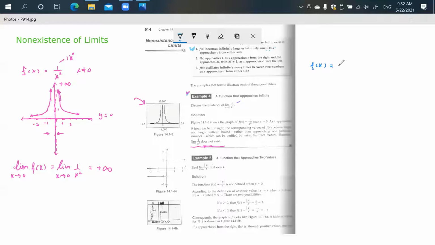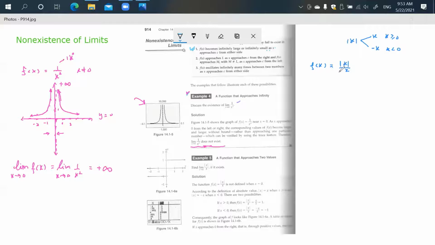We consider this function, absolute x over x. Everyone still remembers the definition of absolute value. Absolute x has 2 cases, right? It equals x when x is greater than or equal to 0, and equals negative x when x is less than 0, correct?